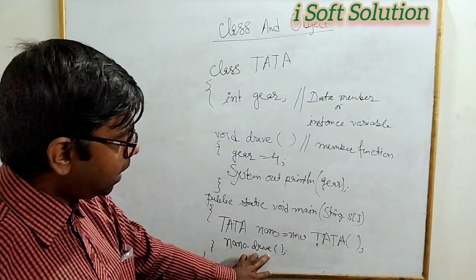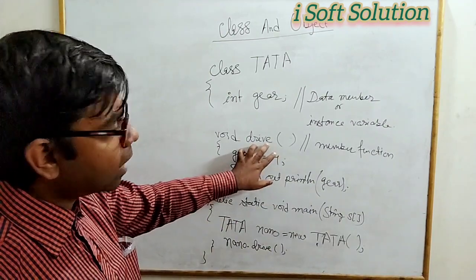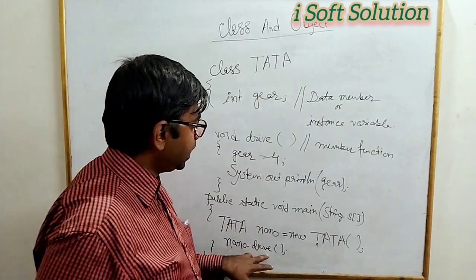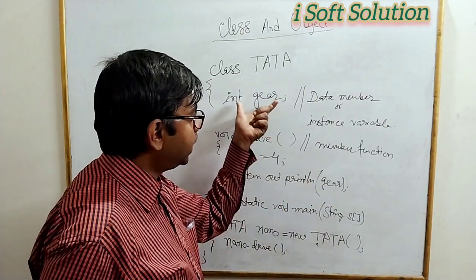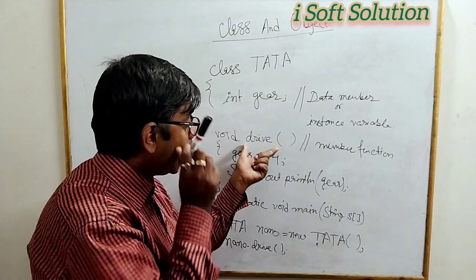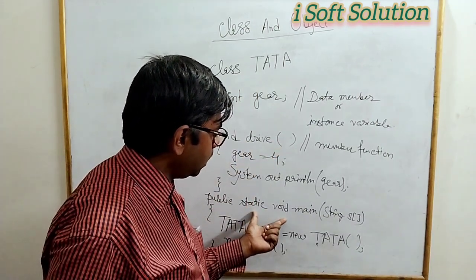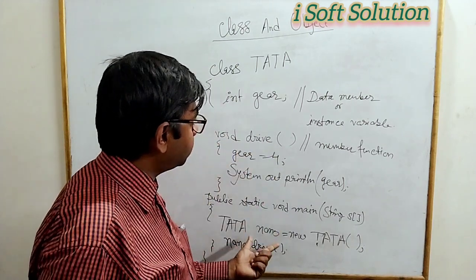Now nano dot drive, this is actually used to invoke the drive function, and after invocation of this line we will get the output that is 4, the value of gear.